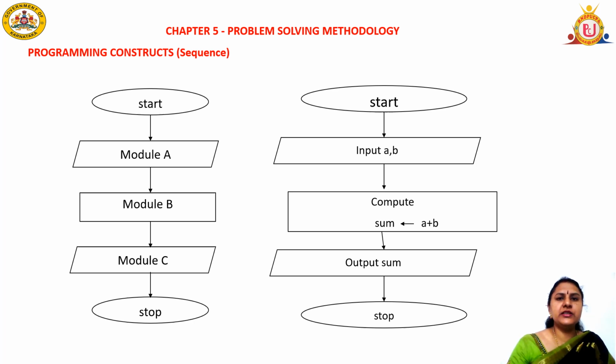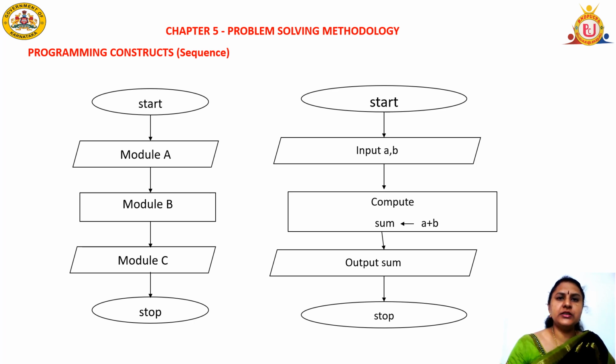The next step is output sum or display sum, represented using a parallelogram. The last step is stop. Stop is the exit part. So this is an example for the sequential programming construct, which means it will execute the statements one after the other.